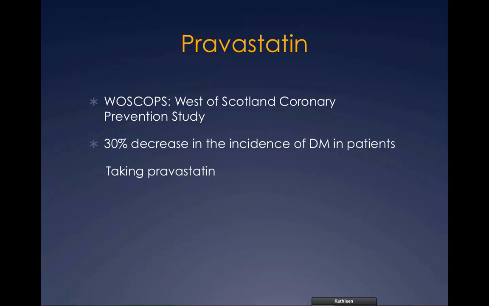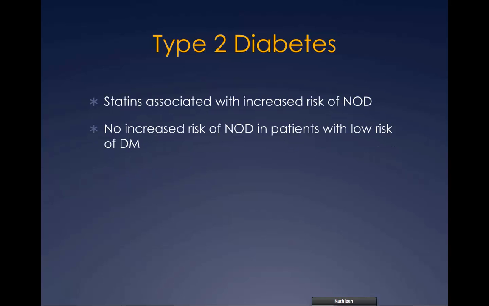It showed a 30% decrease in the incidence of diabetes in patients taking Pravastatin. So in type 2 diabetics, statins are associated with increased risk of new onset diabetes. There is no increased risk of new onset diabetes in patients with low risk of diabetes.